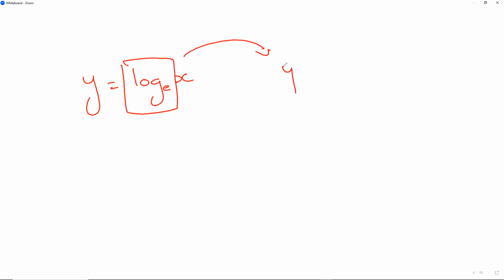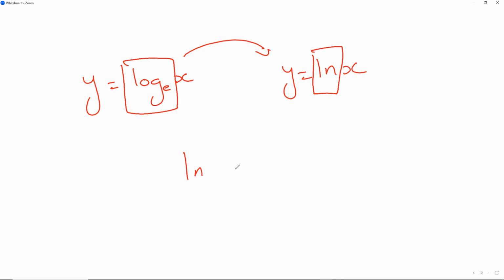Now, if you have y equals log base e of x, instead of writing log base e x, they write ln x, or natural logarithm.